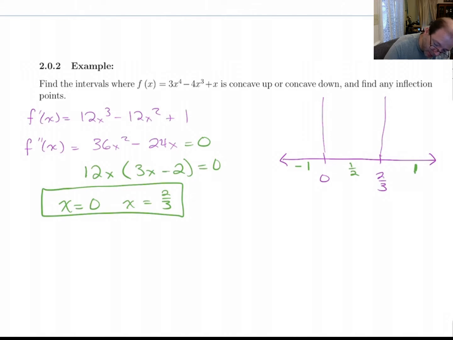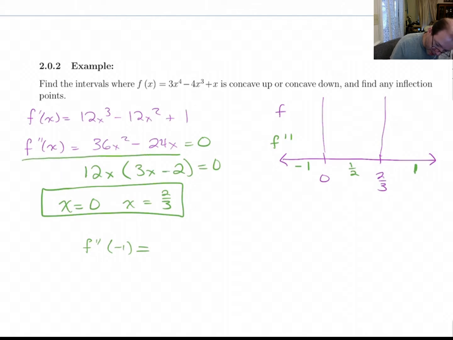So now I've got to do f double prime, and above that I'll do f. So let's come over here, f double prime of -1, and I'm plugging that back into here. So I get 36 times -1 squared minus 24 times -1.